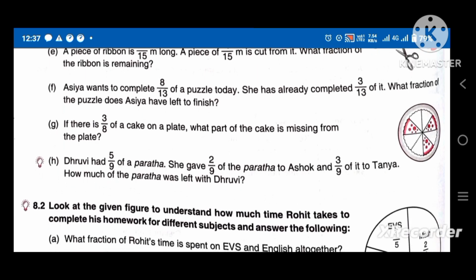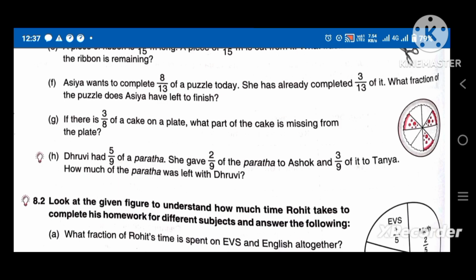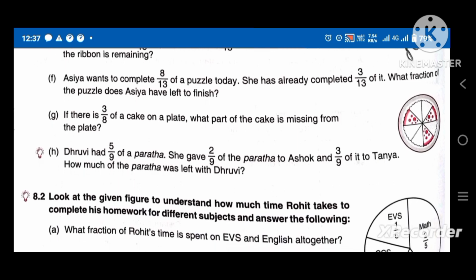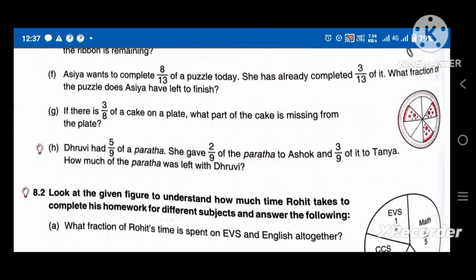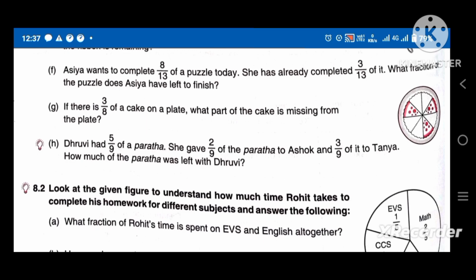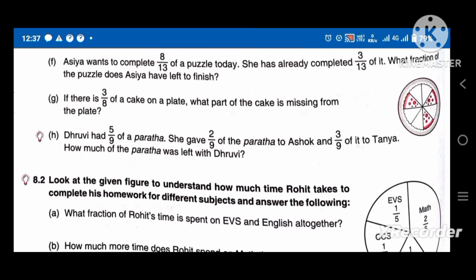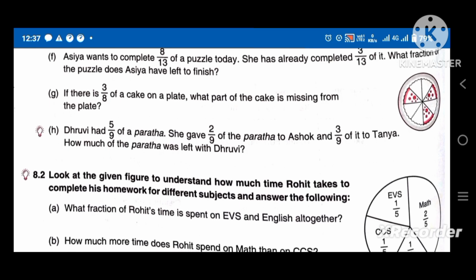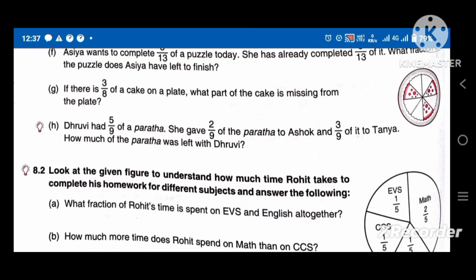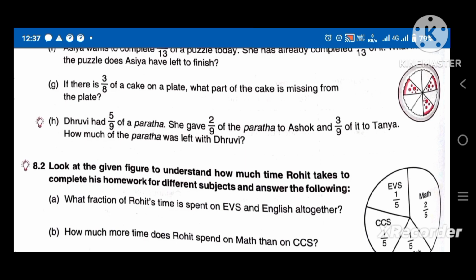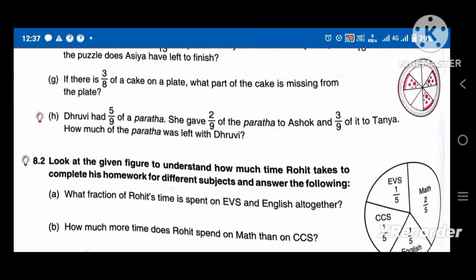H. Dhruvi had 5/9 of a paratha. She gave 2/9 of the paratha to Ashok and 3/9 of it to Tanya. How much of the paratha was left with Dhruvi? I'll solve these problems in the next video.